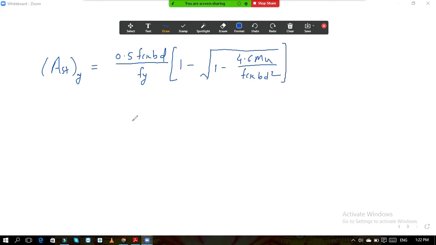Okay. Now here there is a change. There is a change in the effective depth. Now how does that depth change? See over here.